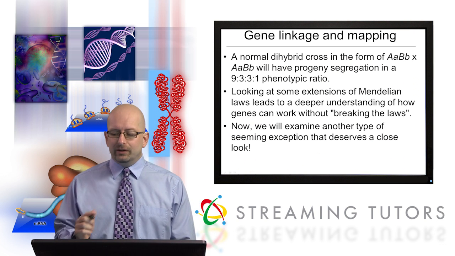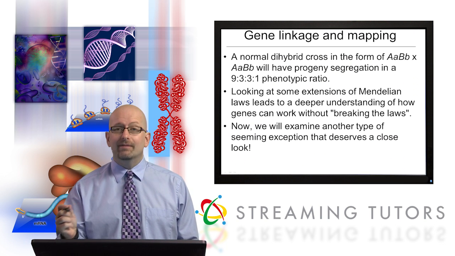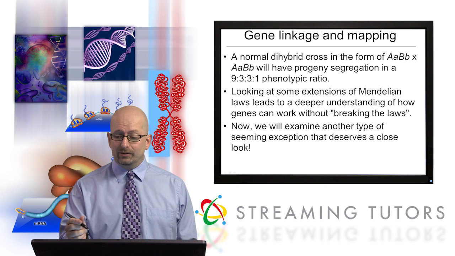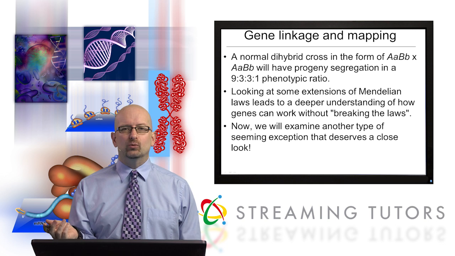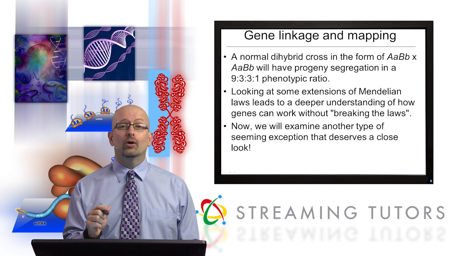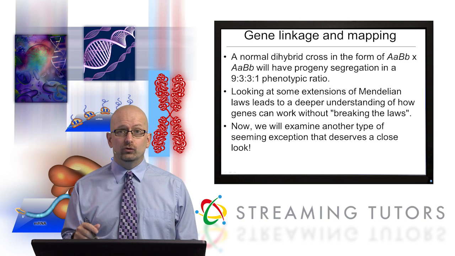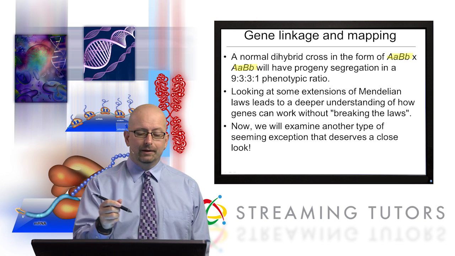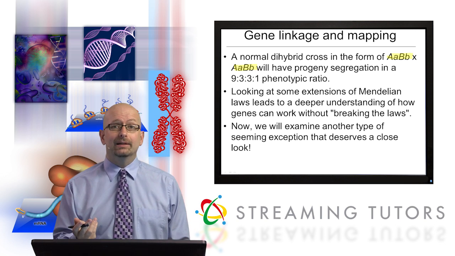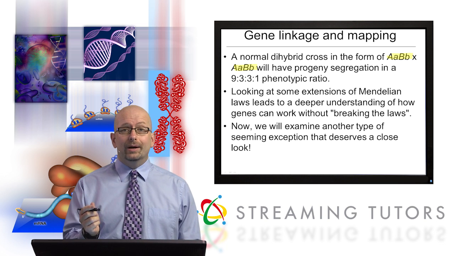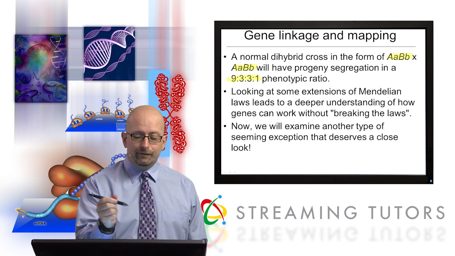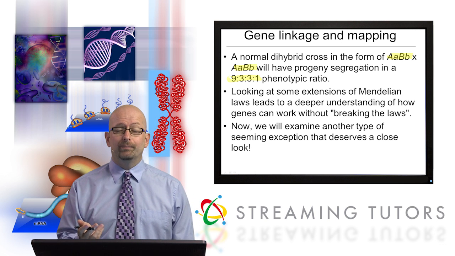So I think you'll agree that we have decided that in a normal dihybrid cross, and when I say that, I mean a cross of two double heterozygotes, which is how we've been doing it a good amount of the time all along, big A, big B, little a, little b, for example, you guys know that we're going to have a 9 to 3 to 3 to 1 phenotypic ratio if we do the cross that way.